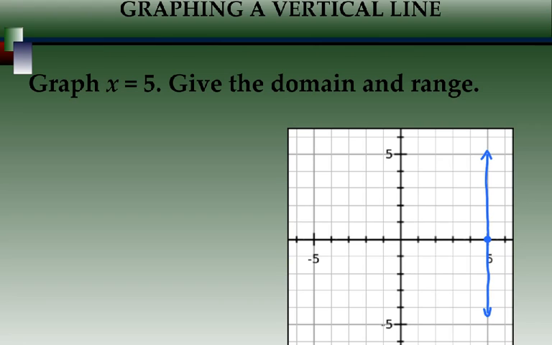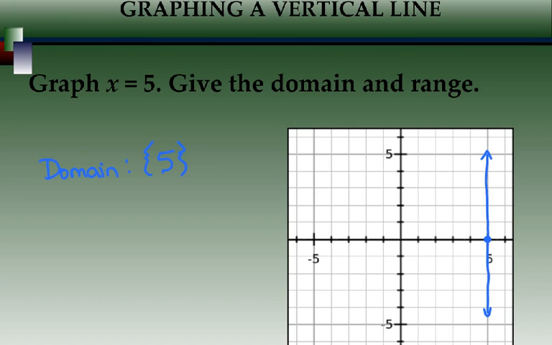And for domain and range, the domain for a vertical line is very similar to how you found the range of a horizontal line. So the domain for this one is just going to be the point which x is equal to. So it's equal to 5. We're going to put it in a set, just like that range in the last example.